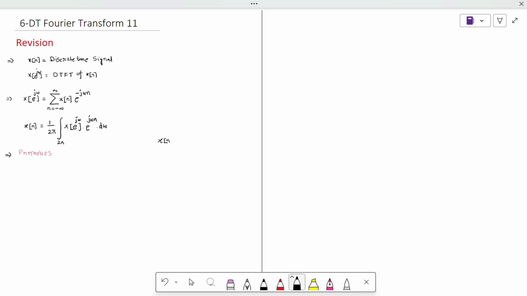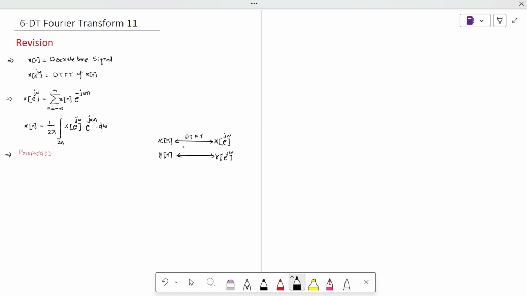One is x of n, and the corresponding Fourier transform is x of e power j omega. And another one is y of n, and its Fourier transform is y of e power j omega. So these are two signals and their discrete time Fourier transforms.